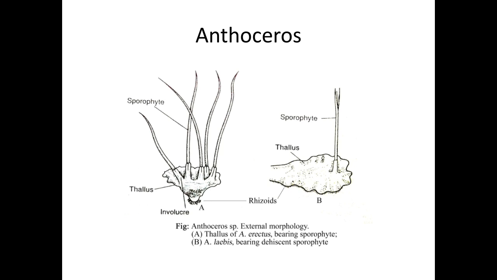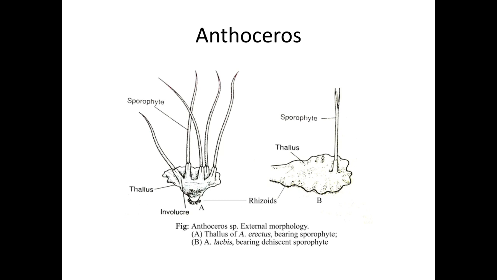Rhizoids are present. Rhizoids are only smooth-walled type; tuberculated rhizoids and scales are totally absent in case of Anthoceros. A distinct midrib is also absent.